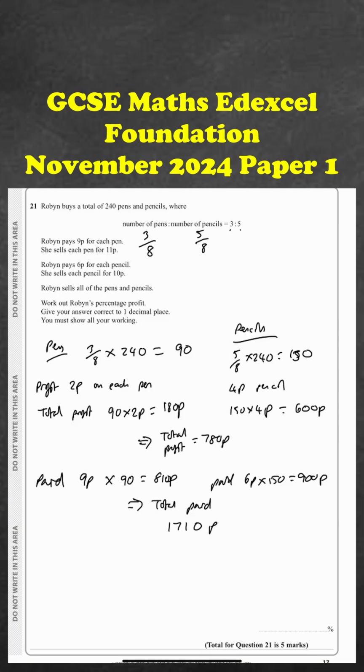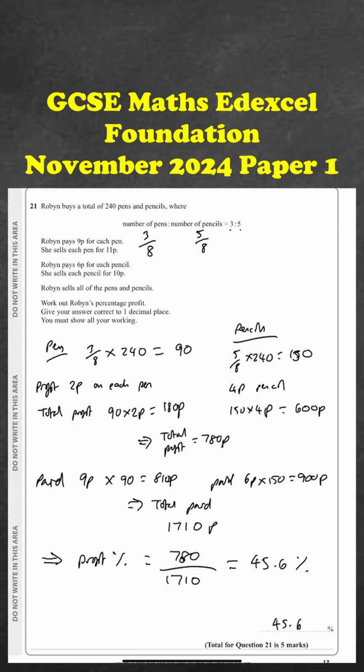We're almost there. Therefore, profit percentage is going to be the profit total divided by the amount she paid total. And we get 780 divided by 1,710, and we get 45.6%. They want it correct to one decimal place. So just check that in the question every time, because you can drop really easy marks.